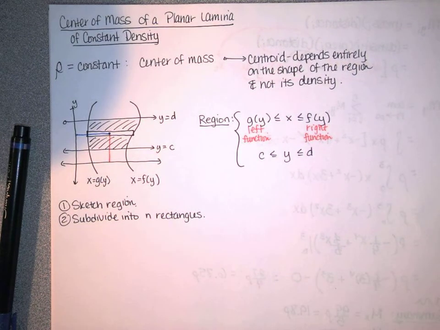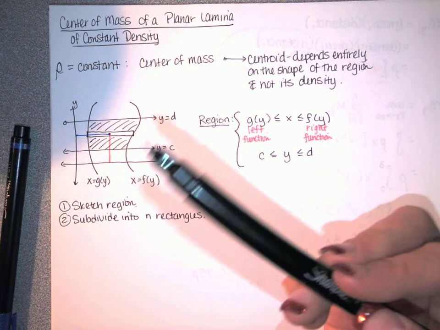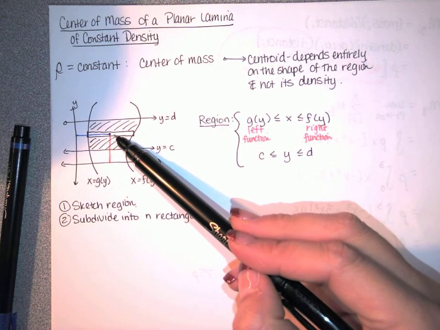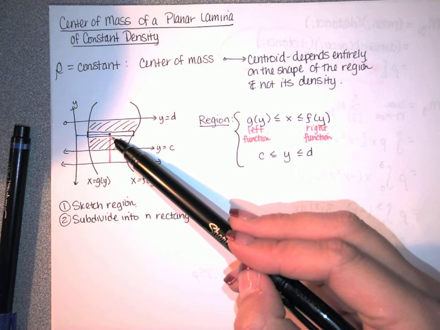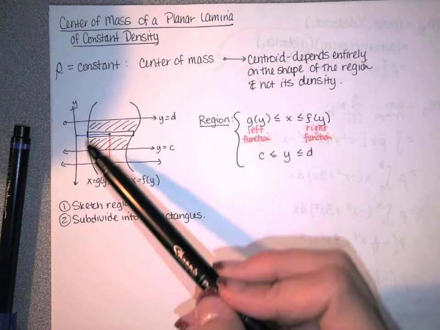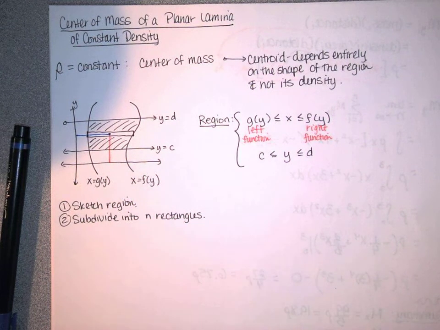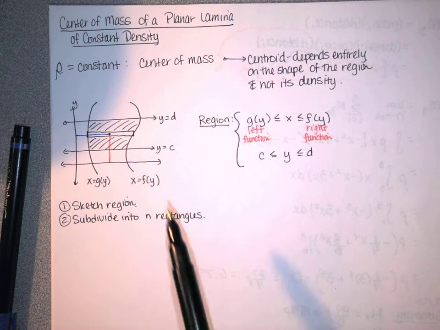If you want to find the moment of the region about the x-axis or y-axis, all you have to do is find the moment of one of these rectangles and then add them up. Just like we did when we were looking at moments about the origin, or moments about the x-axis or y-axis with just our point masses. The same principle holds even when we've got infinitely many points in between two curves and two other lines. I think that's pretty cool.